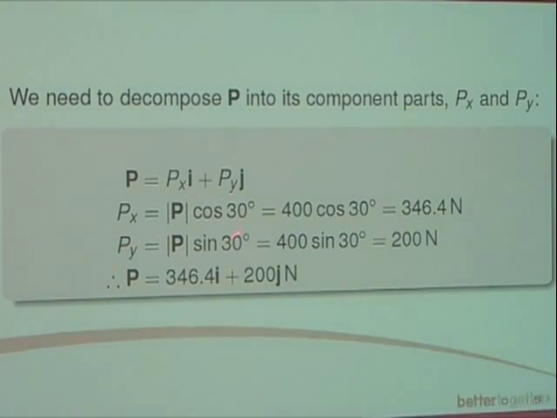And then the y is the magnitude of P times the sine of 30, okay, which is going to be 200 newtons. And so you can then place these numbers in for Px and Py, and you end up getting the equation for the vector of P, but decomposed into x and y components, or i and j components. Okay? So that's what we do. We've decomposed P, so we've got Px and Py.